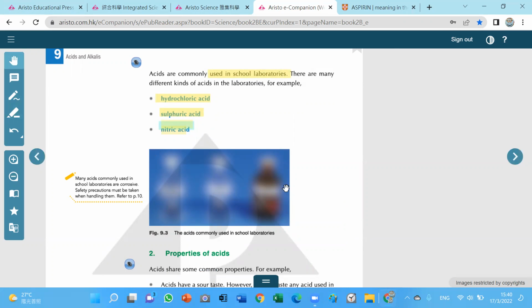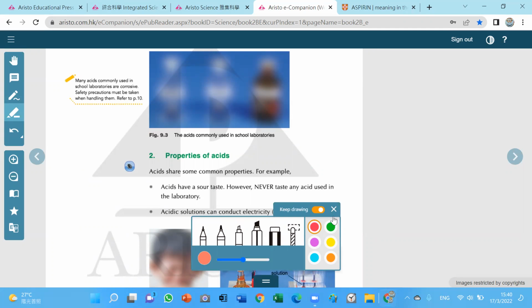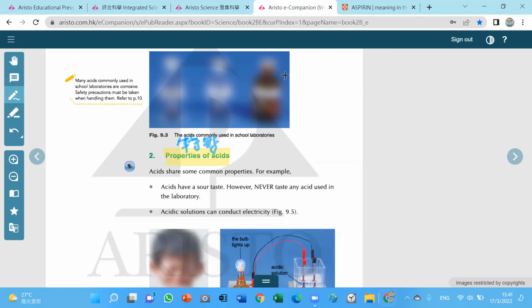Number 2, properties of acids. Property 係特色、特點。Acids share some common properties.